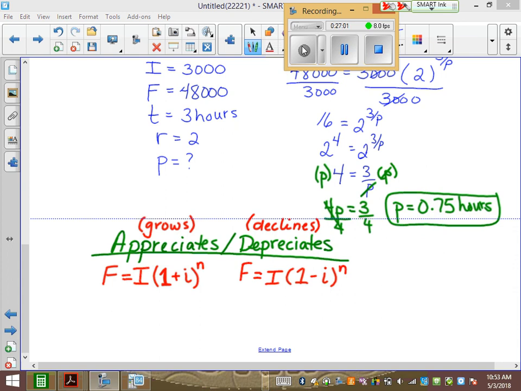We agree? So if something is growing, we're going to take 1 and add to it our interest rate in decimal form. So it's going to take the original and add that interest rate, right? If something is declining or depreciating, we're going to take 1 and minus the interest rate from it. And it's going to be less than 1, which makes sense because if it's less than 1, it's declining. It's getting smaller. Okay?